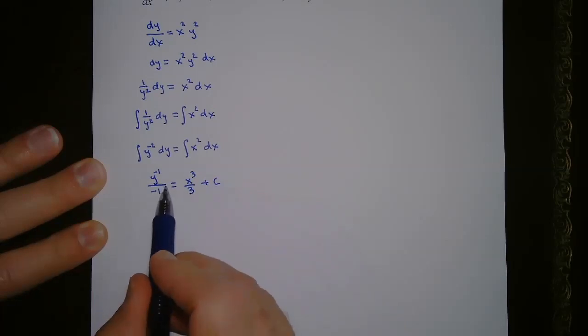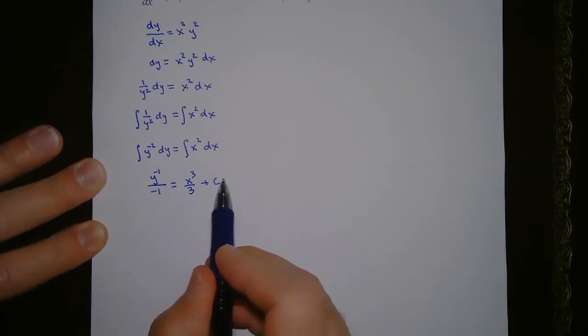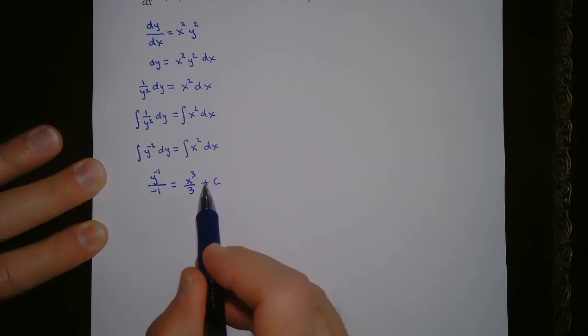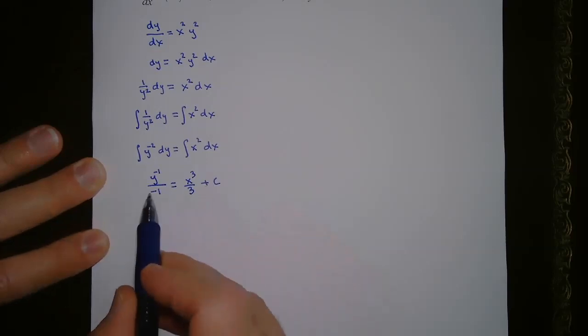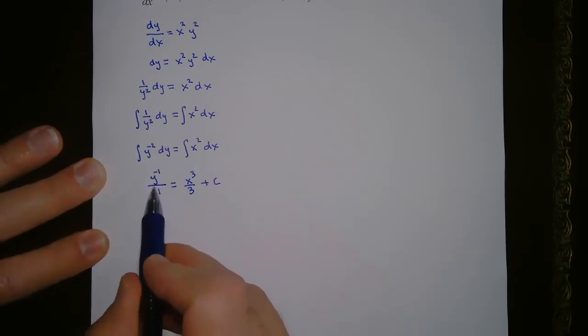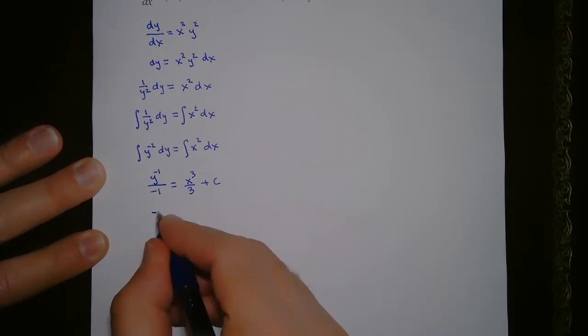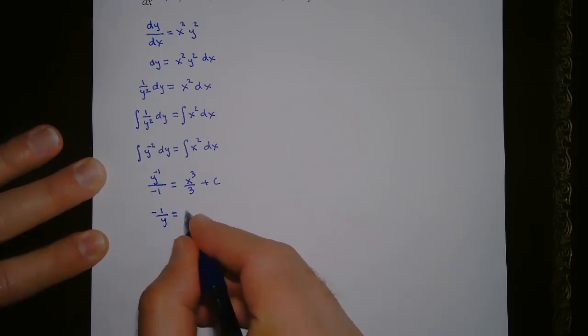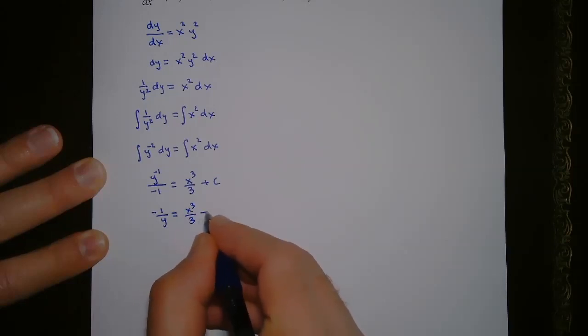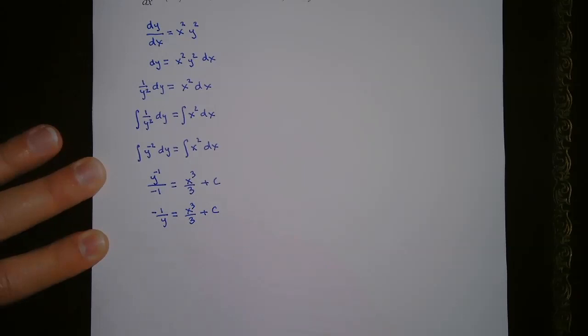The constant that was on the left side is combined with the constant on the right-hand side to make one constant. Now this is dividing by negative 1, so that's negative y to the negative 1, or negative 1 over y, is equal to x cubed over 3 plus your constant.